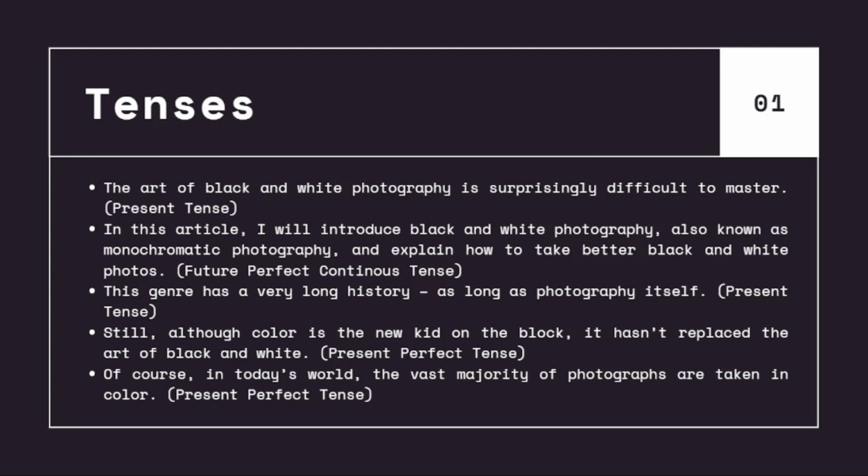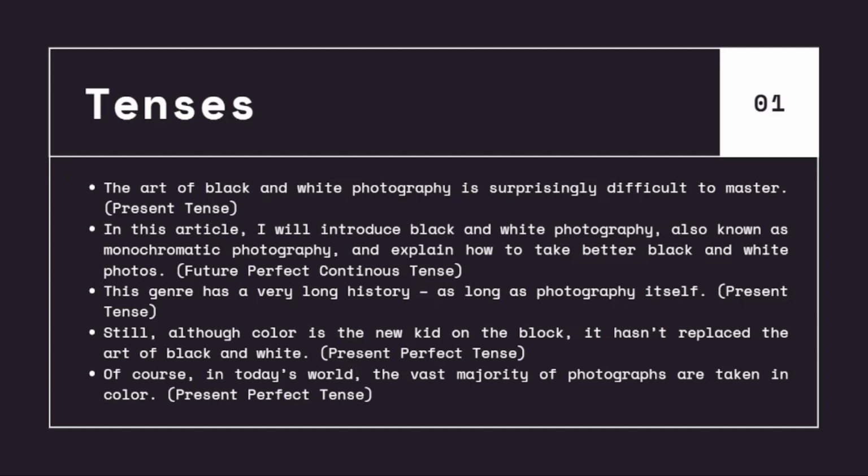Present tense. This genre has a very long history, as long as photography itself. 4. Present perfect tense. Still, although color is the new kid on the block, it hasn't replaced the art of black and white.